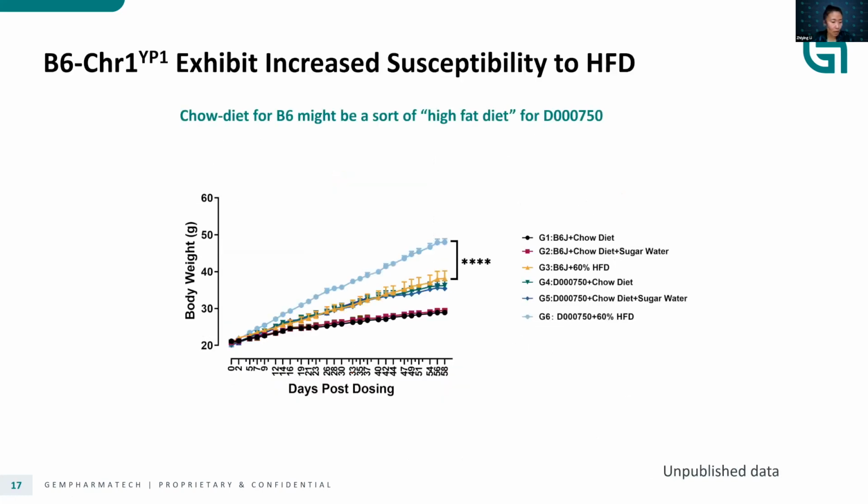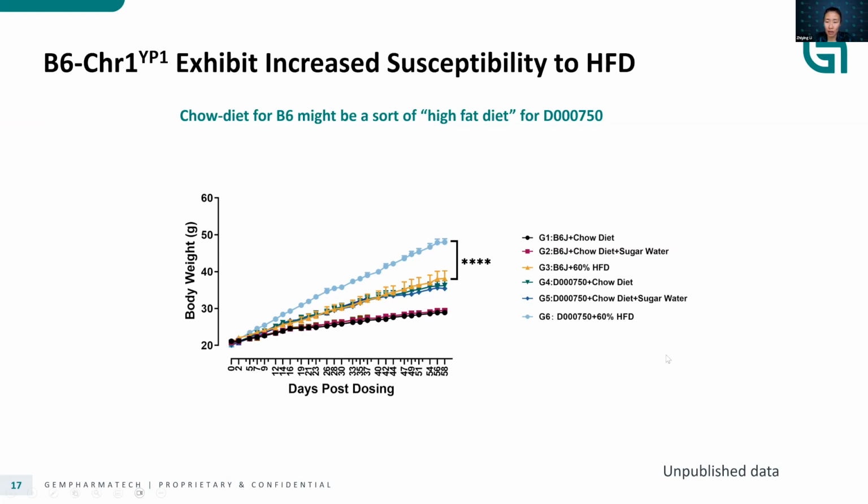So with that, the team wanted to test whether this particular strain just has a higher metabolic preference for all nutrients. As shown here, this is a gross morphology analysis to some extent.